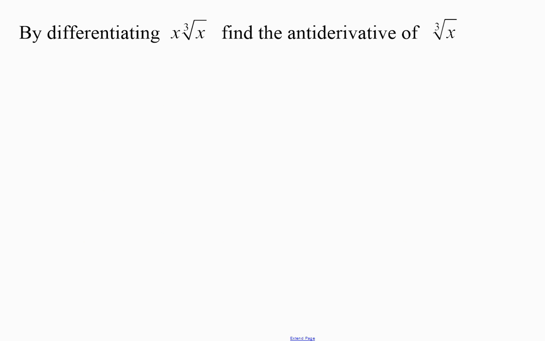One final example. By differentiating x multiplied by the cubic root of x, find the antiderivative of the cubic root of x.